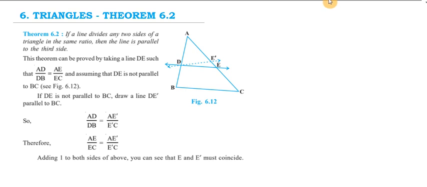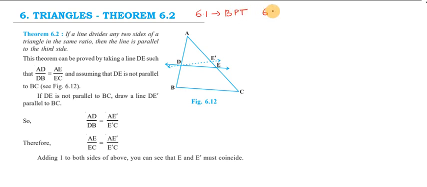We are discussing the CBSE Class 10 Maths NCERT textbook, 6th chapter Triangles. And in this video, we are going to discuss Theorem 6.2 here. In the previous videos, we have discussed Theorem 6.1 also. 6.1 is nothing but the Basic Proportionality Theorem.